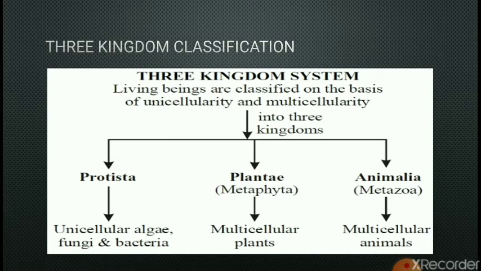All unicellular algae, fungi, and bacteria are kept in the kingdom Protista, while all multicellular plants are kept in kingdom Metaphyta or Plantae. Kingdom Animalia or Metazoa included all multicellular animals.